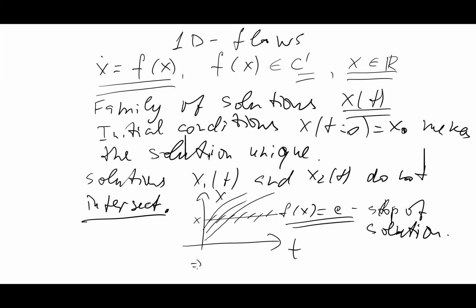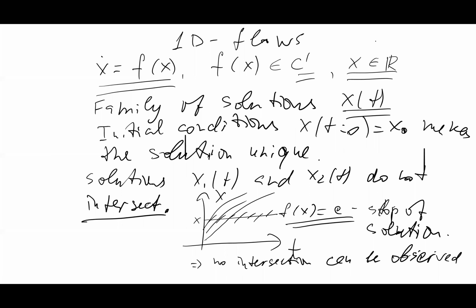And it means that no intersections can be observed, because intersecting solutions would mean that we have two different slopes at the same point for the same value of x, which is impossible. And this is the main point.